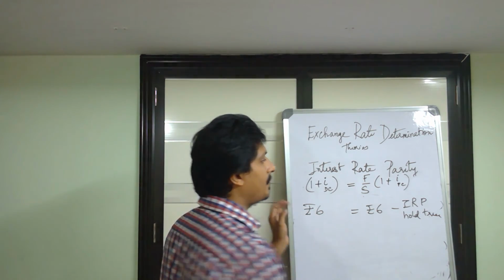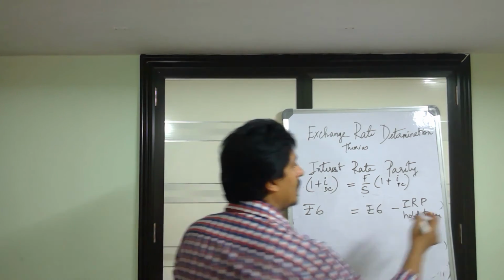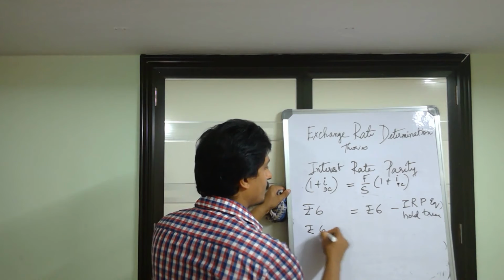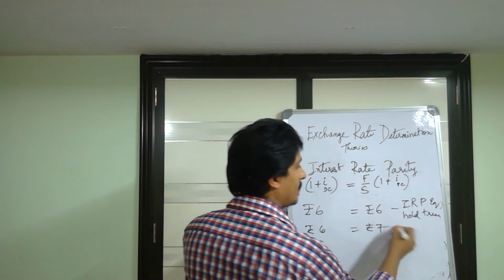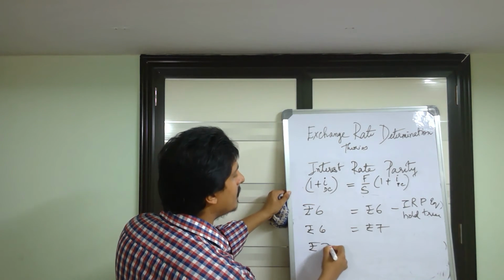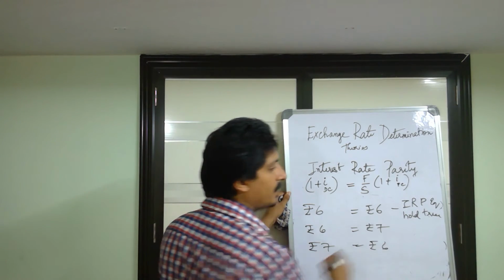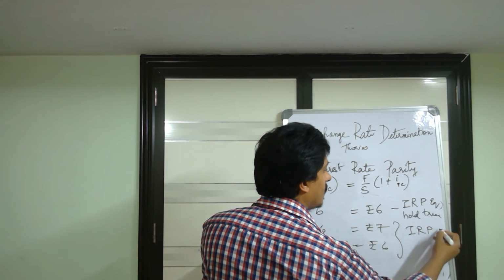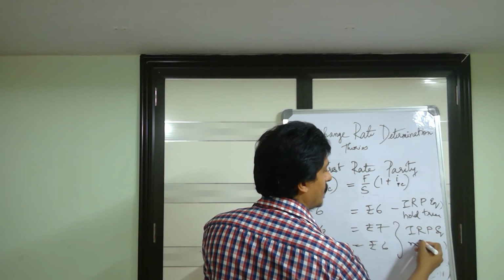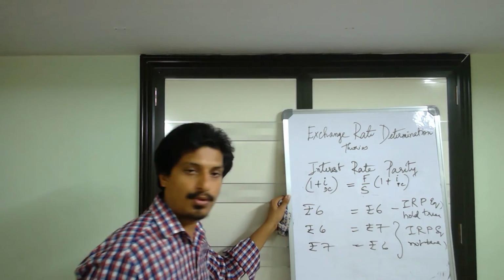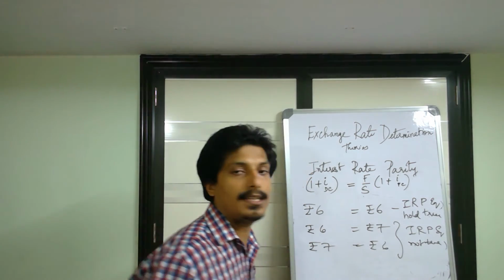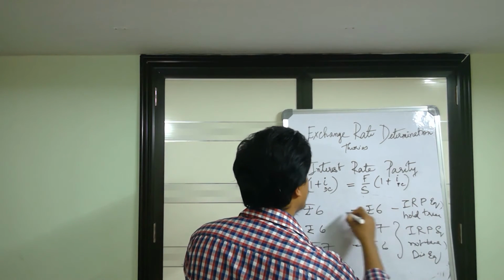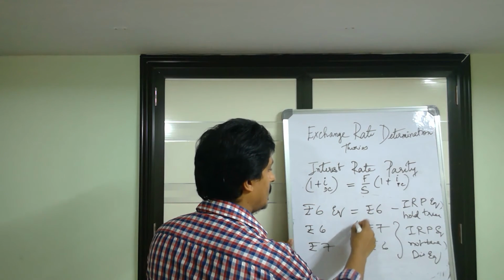IRP exists, or the IRP equation holds true. If here it is 6 rupees and here it is 7 rupees, or if here it is 7 rupees and here it is 6 rupees, in both these cases the IRP equation is not true, which means it is disequilibrium. Here it is equilibrium.